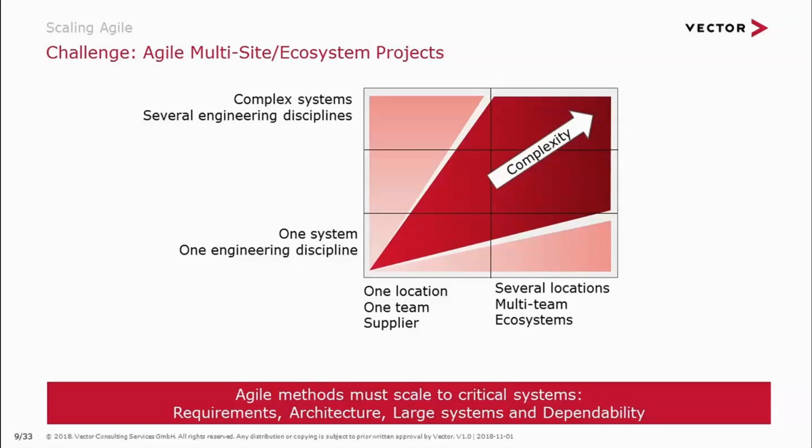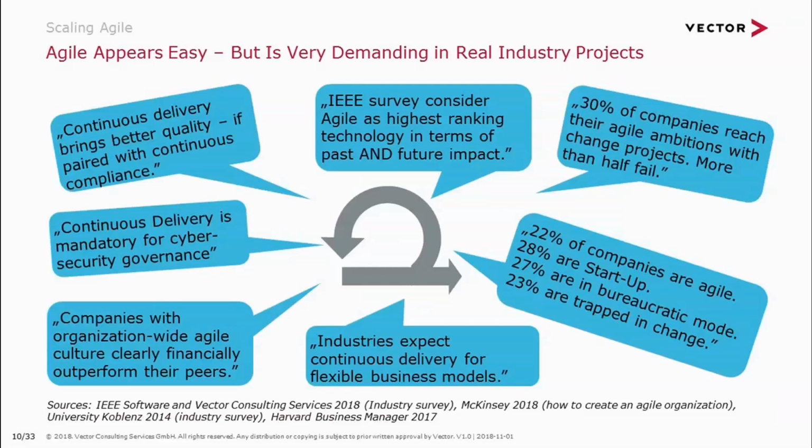What it means is shown here. We just summarized here a couple of quotes from a study which we have been doing in 2017, 2018, and it was published by IEEE Software, where we realized on the one side that the survey participants, which were several hundred worldwide, consider Agile as the highest ranking technology in terms of past and future impact, which was quite interesting to see because no other software technology had made it for the past and the future impact with the same high ranking.